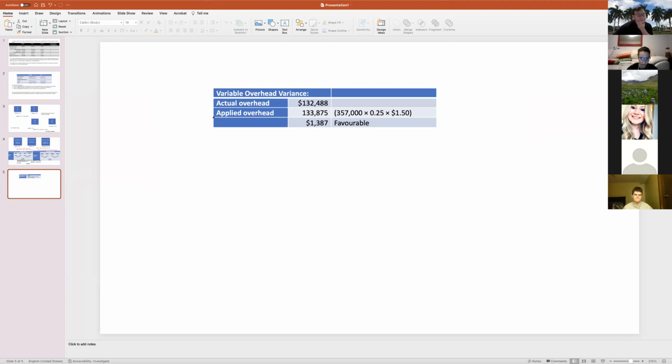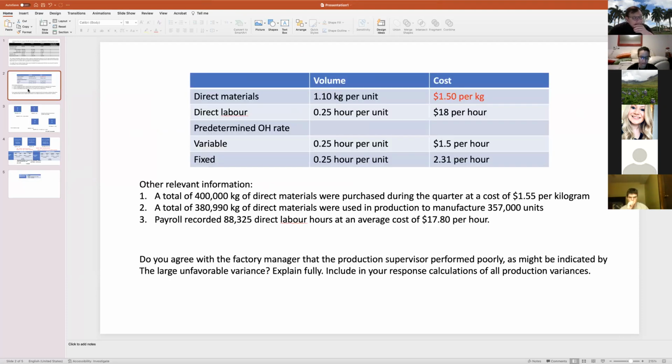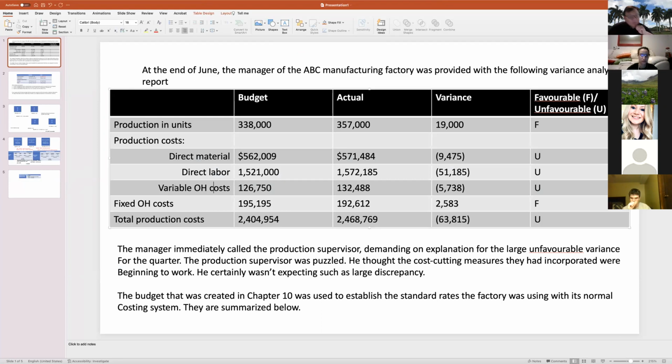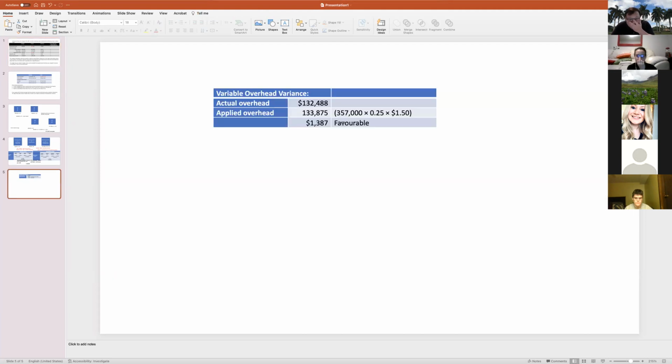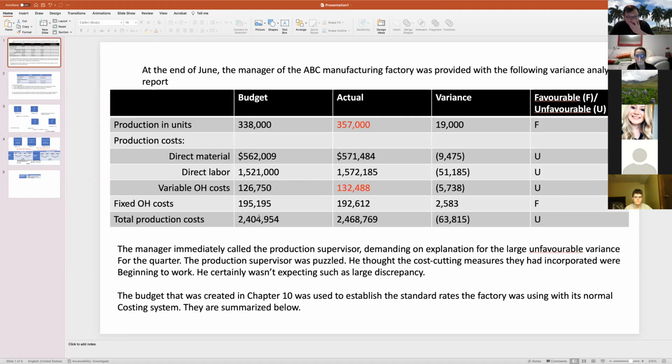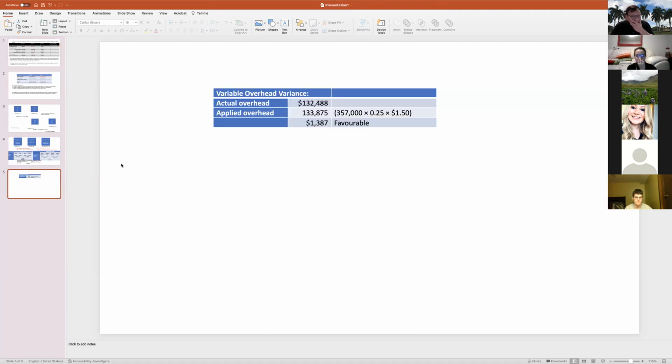We know that the actual variable cost is 132,488, and the actual production units are 357,000. This number is just pulled from the question, the actual cost for variable overhead.